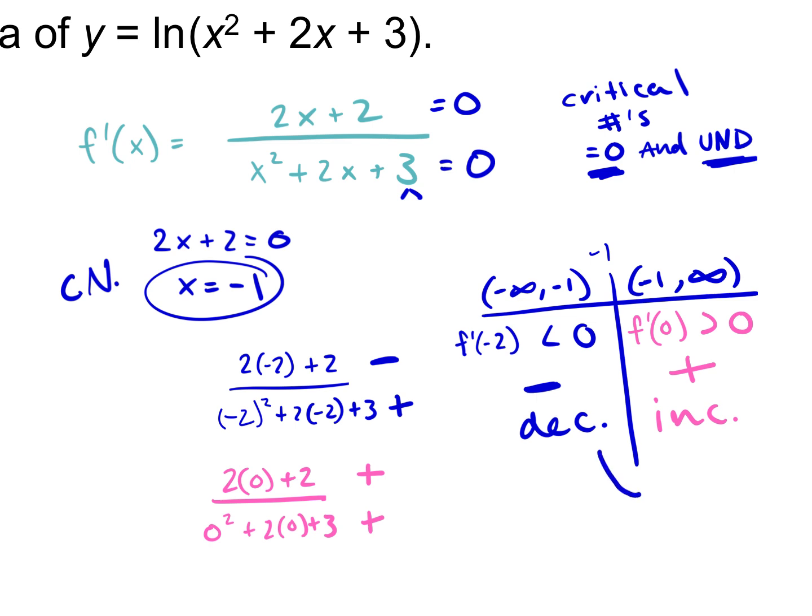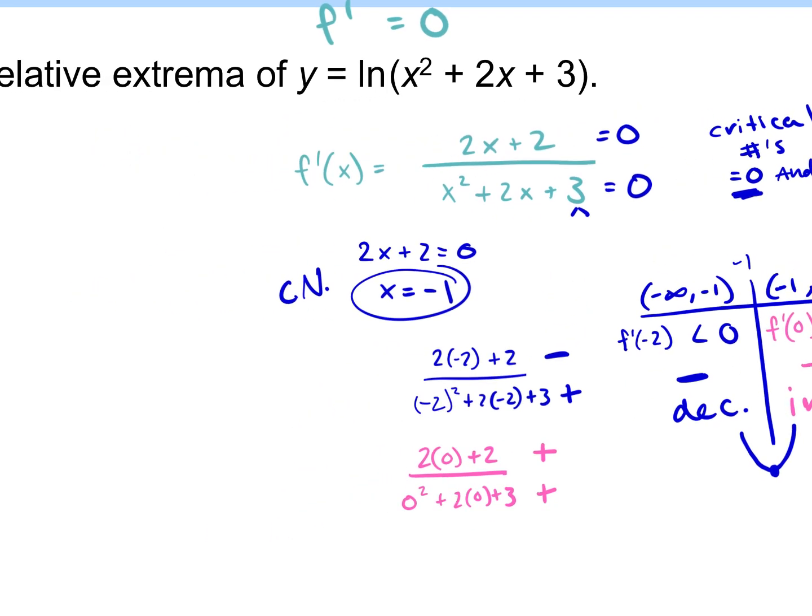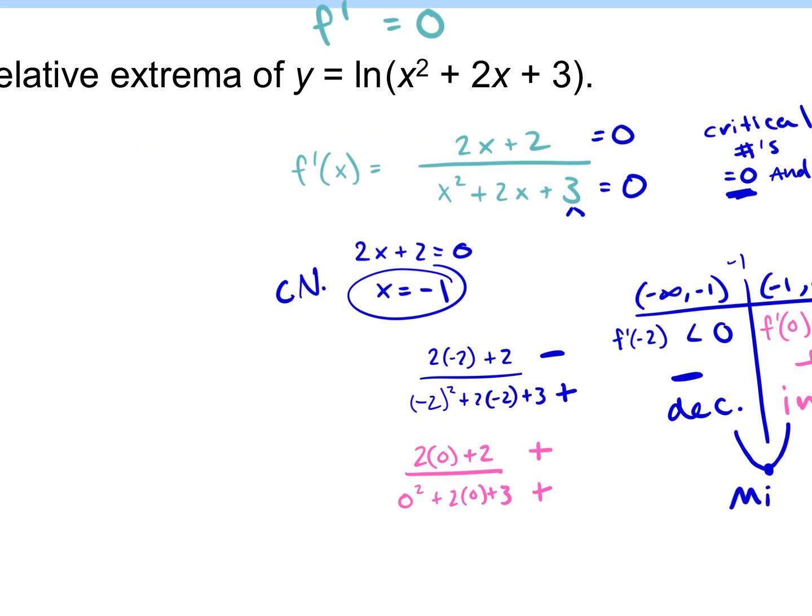So we are decreasing and then increasing. What would -1 be? A relative minimum. Perfect. So we have a relative minimum at -1 comma, how would I find the y value? Plug it into the original. Awesome.